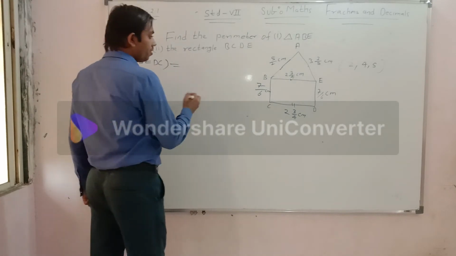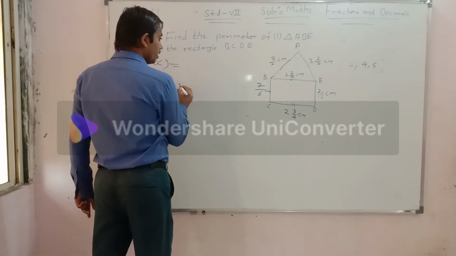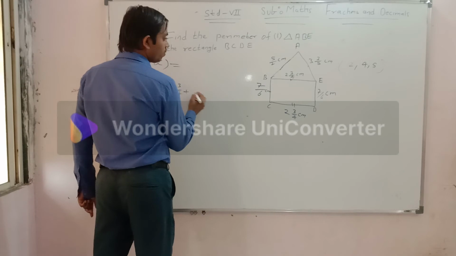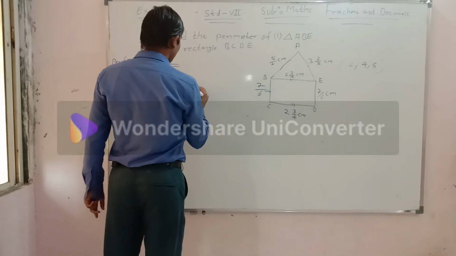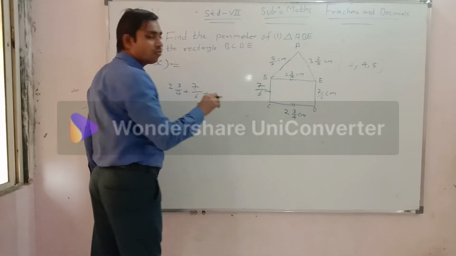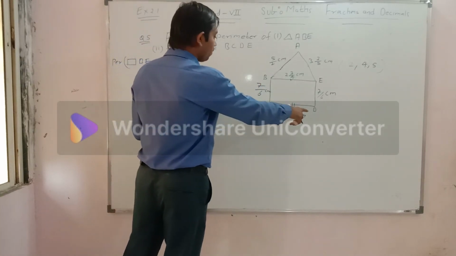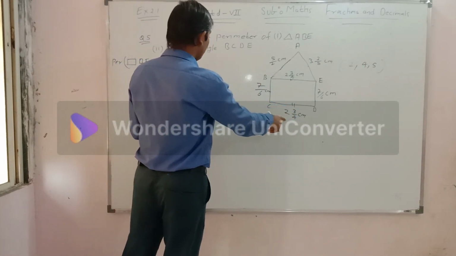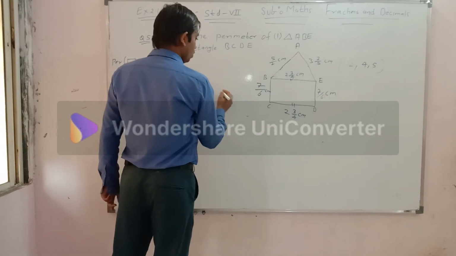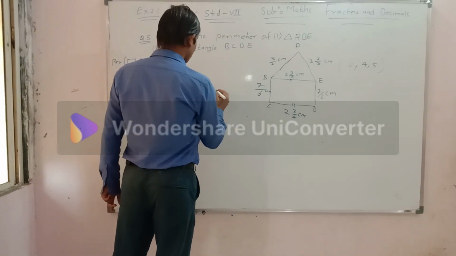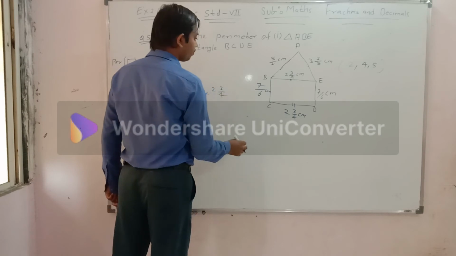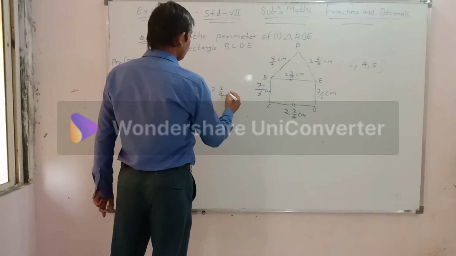So what is given, my dear students? 2 3 by 4 plus 7 by 6. We have to take the sum of all sides, so we must write all sides then. 7 by 6 plus 2 3 by 4 plus 7 by 6.